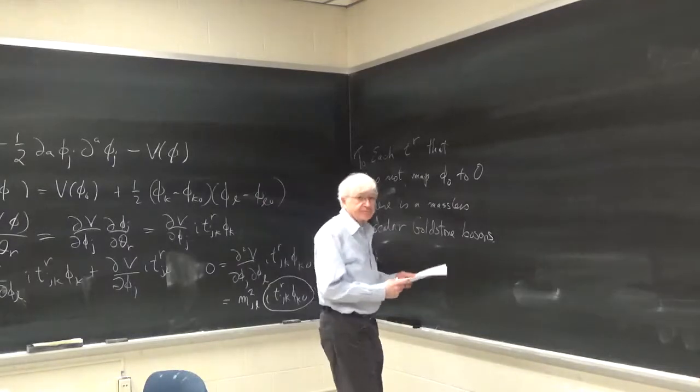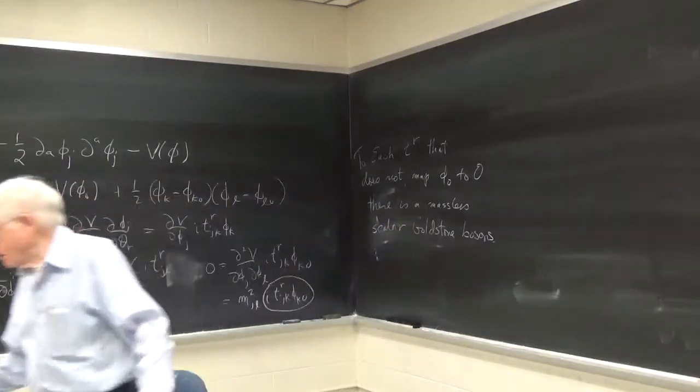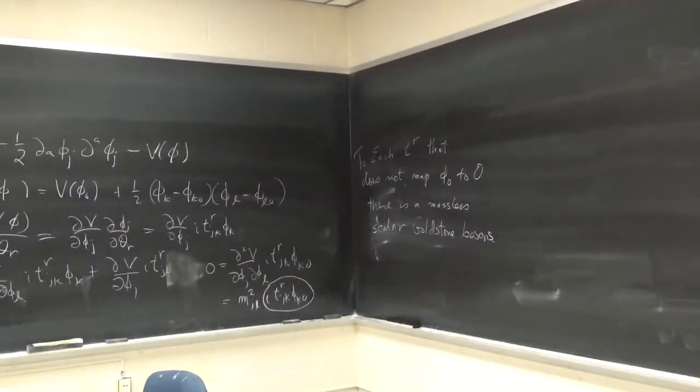Can I ask you a quick question about the notation? Yeah. So you have some Lagrangian that's invariant under the action of some symmetry group, described by some Lie group. And theta r are the parameters? Theta r is a parameter, yeah.